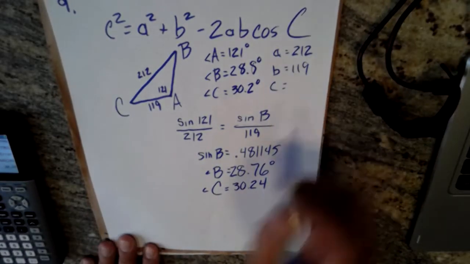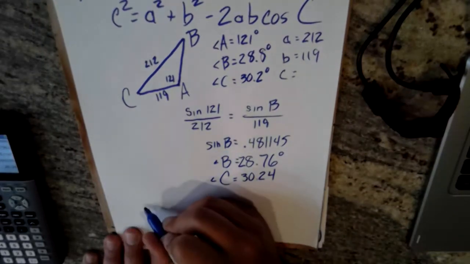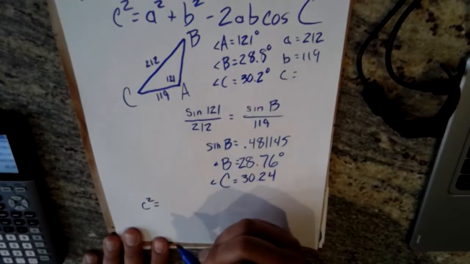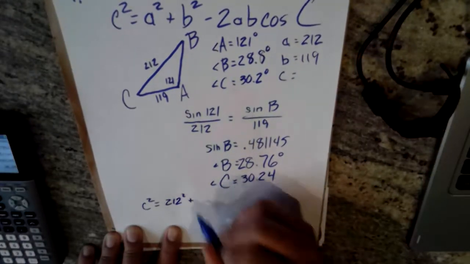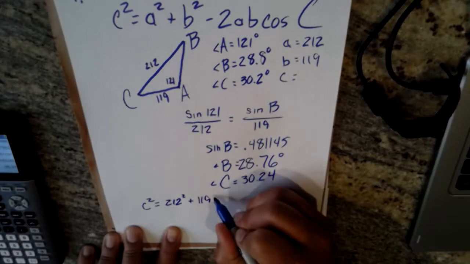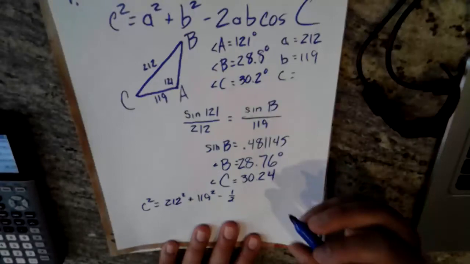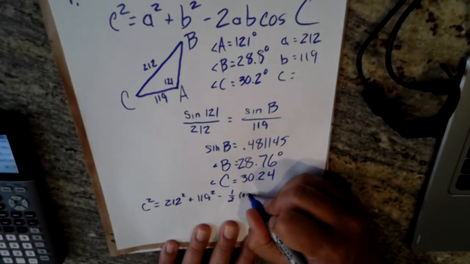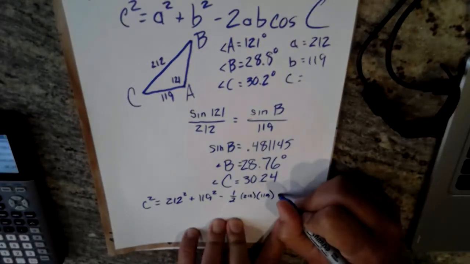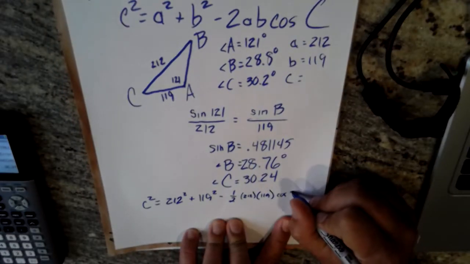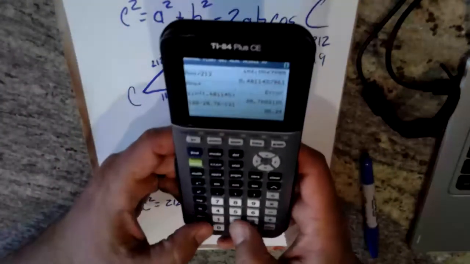I can find side C using the law of cosines. So C squared is 212 squared plus 119 squared minus 1/2 times 212 times 119 times the cosine of 30.24. I'll put all that into my calculator.